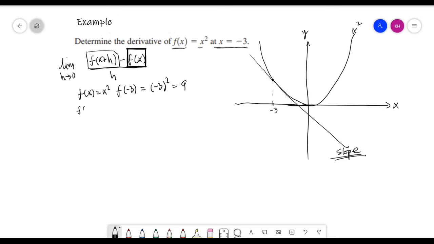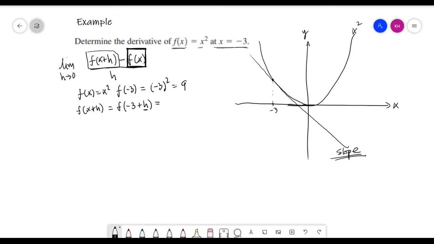Let's now do this part, f of x plus h. That is going to be f of negative 3 plus h. As I have mentioned, we are not going to use a value for h, so we will have to keep h as the variable h. We're going to keep that and then simplify this.